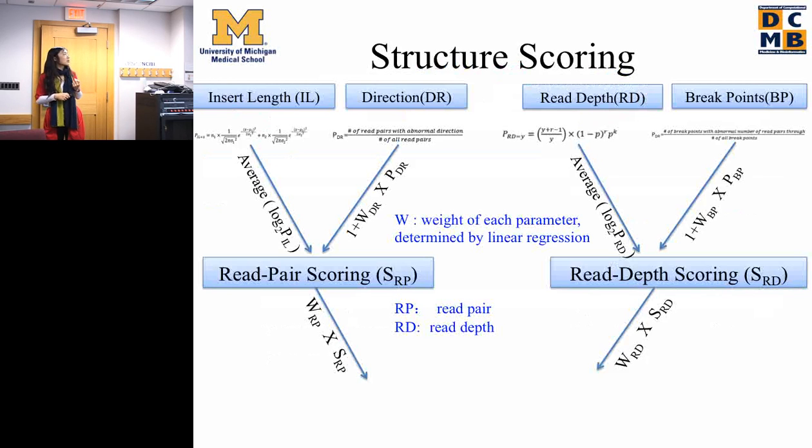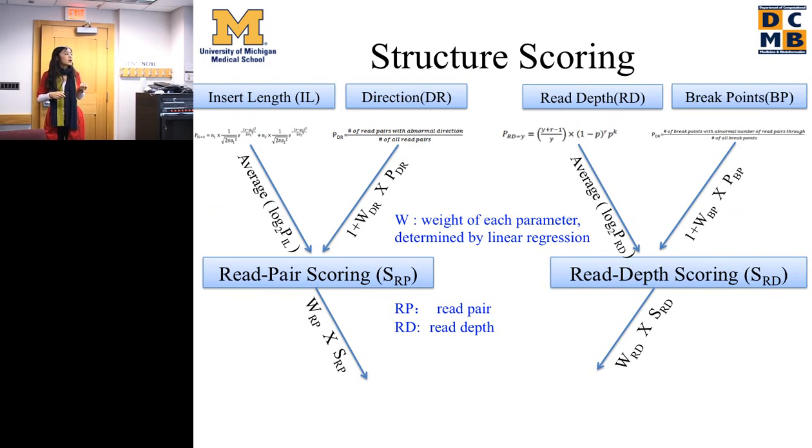So we first calculate the posterior Bayes probability of the insert length based on the mixed Gaussian distribution, and we take the log of it. And then for the direction penalty, we will calculate the percentage of reads that got abnormal directions, and we multiply the log by 1 plus the percentage here. And that forms our read pair score.